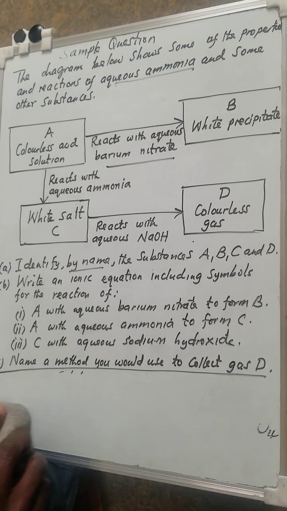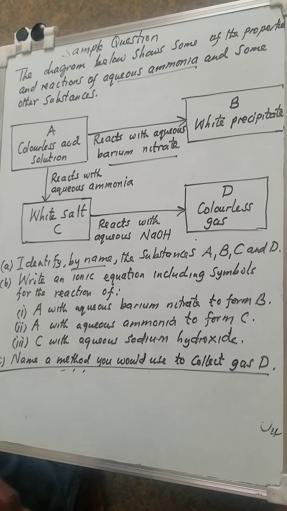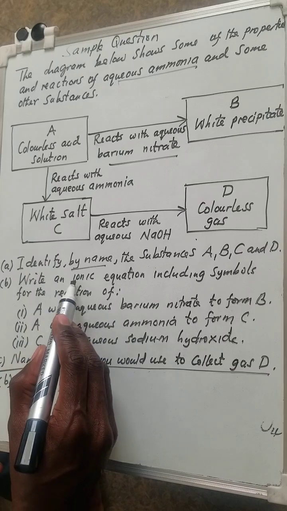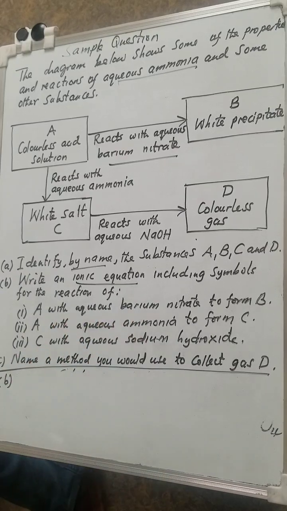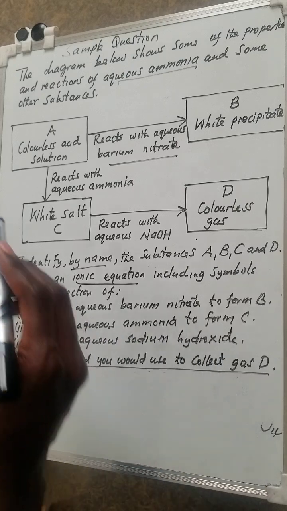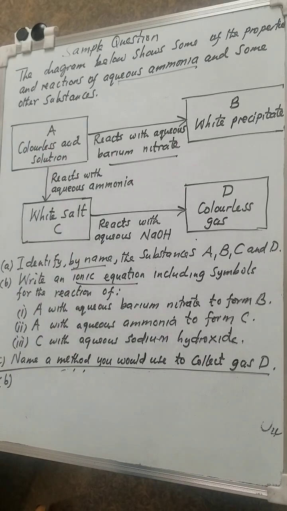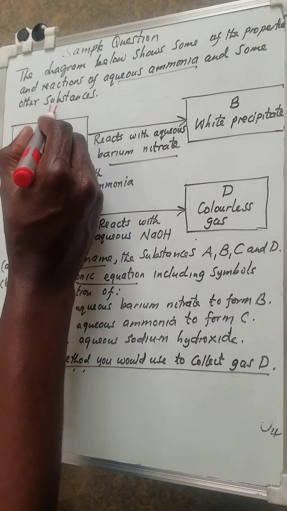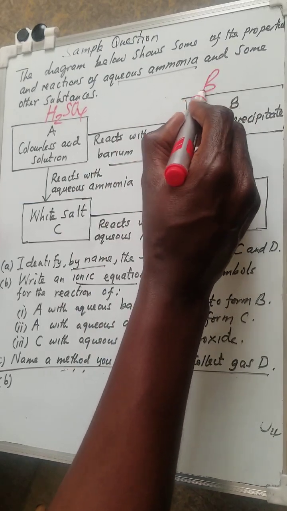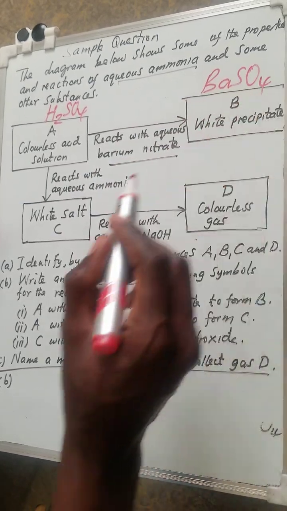Now let's move on and look at the B part. The B part is telling us to write an ionic equation including state symbols for the reaction of A with barium nitrate to form B. Remember we did mention that this is sulfuric acid, and what is produced is barium sulfate.